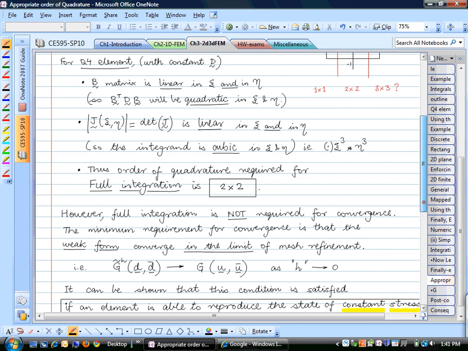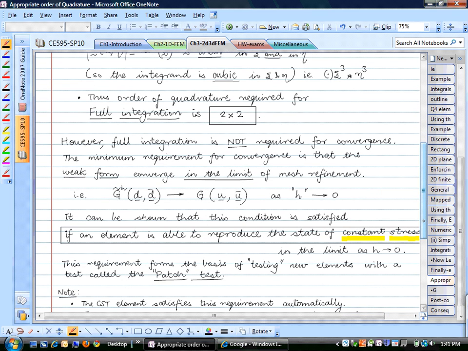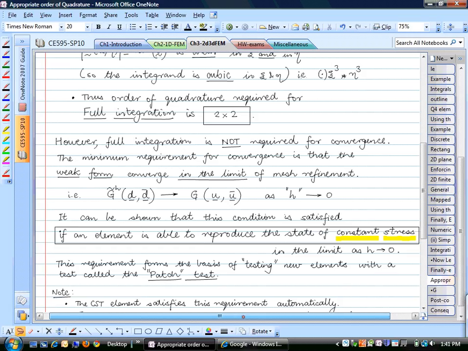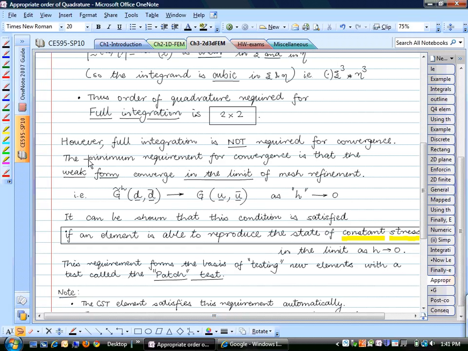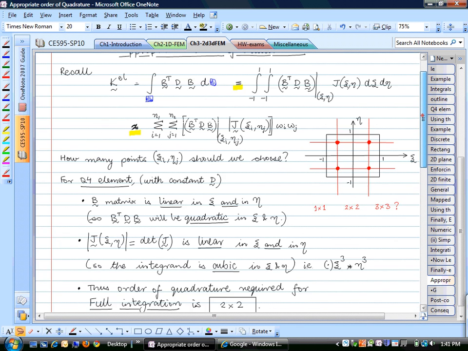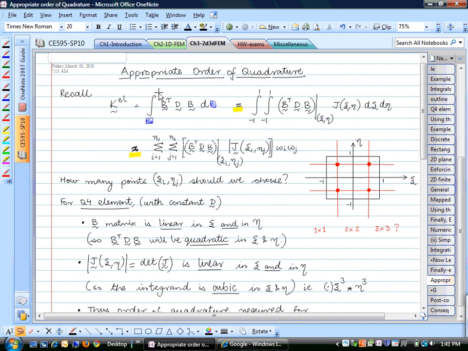So here are a couple of statements, and these are things that we are just stating without proving or anything. But these are very important for you to either understand and remember or prove it to yourself. So the thing is that we just said that we want to calculate this element stiffness matrix accurately enough.